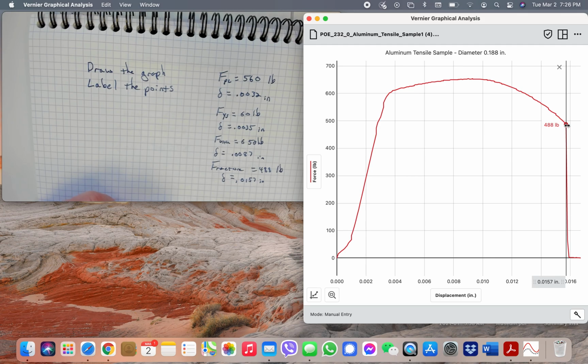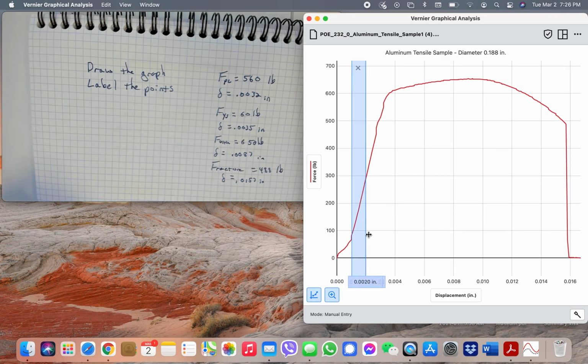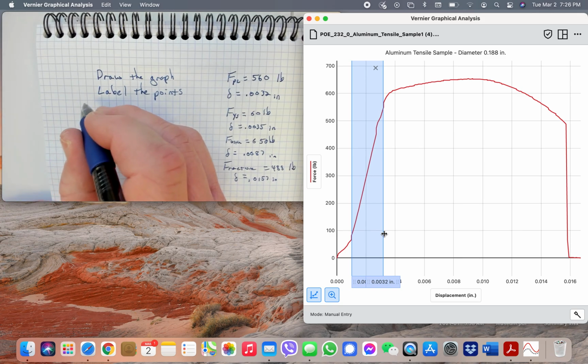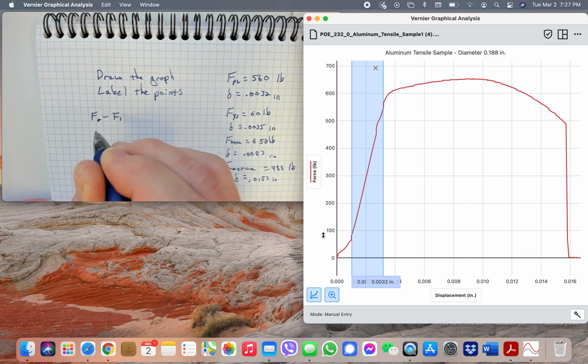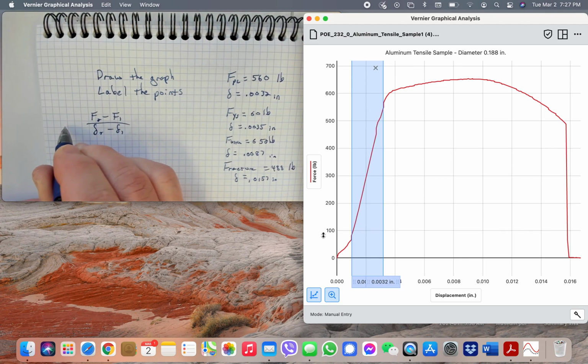All right, now, we also want to know the slope of this. So let's highlight this area. Okay, so the slope, of course, is rise over run, or F2 minus F1 over elongation 2 minus elongation 1. I'll show you what I'm writing here.